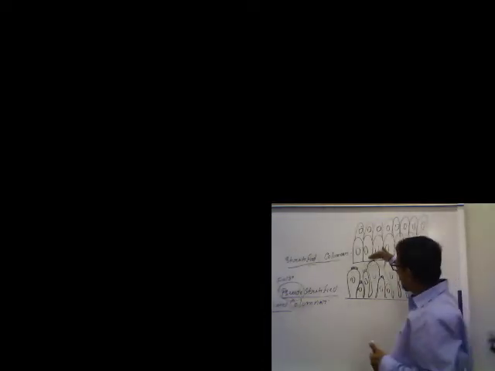Okay, so these are the classifications based on the shape of the cells and number of layers present there. Okay, so this is another way to classify the epithelial tissue.